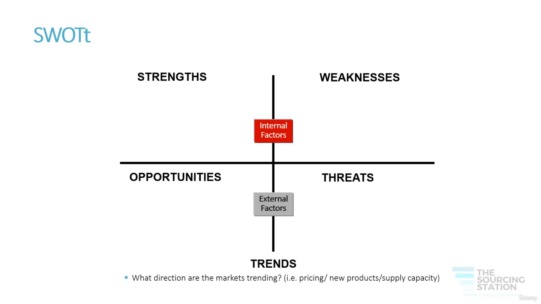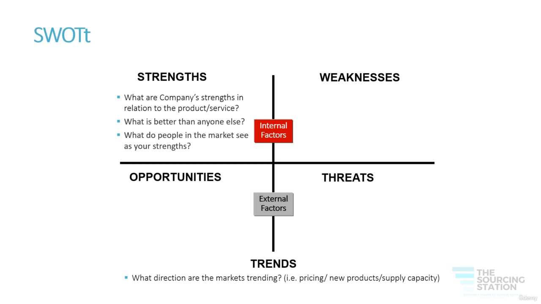Starting with strength, you have to consider what are the company's strengths in relation to the product or services. What is better than anyone else, and how do the people in the market see it as your strength? While you are dealing with one project for a long time, you might be blindfolded.